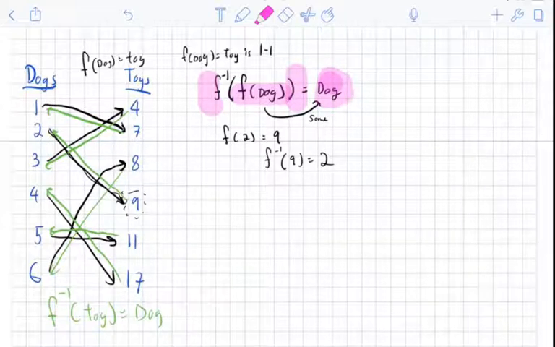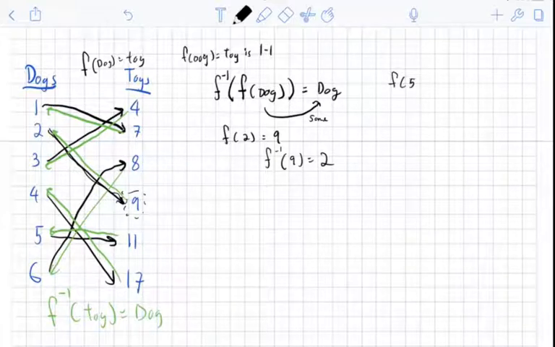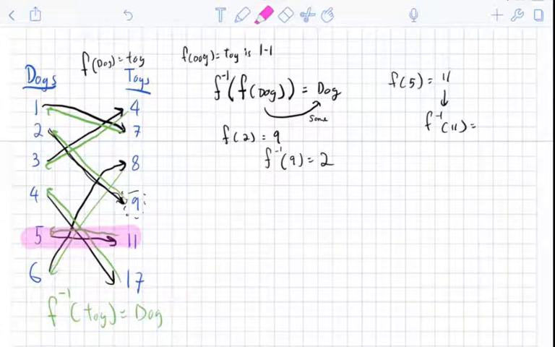That's the idea. And on this diagram, the reason for that is super obvious. It's the same line going back and forth. So me looking something up, f of 5, means I'm going this way, and then when I plug that into the inverse function, you follow the same line back to where it started.